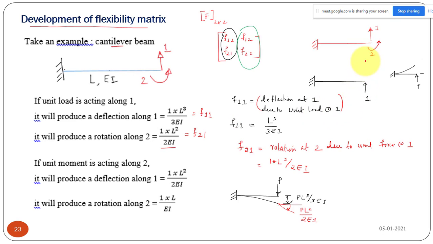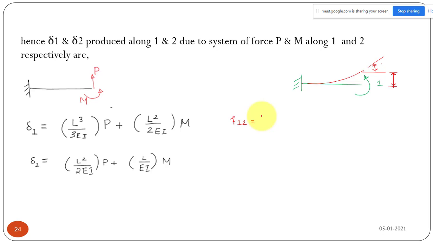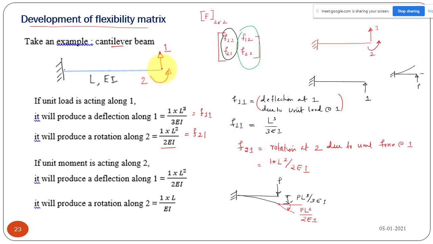Displacement at 1 corresponds to the deflection, so it is the deflection at 1 due to the unit moment at 2. You have to follow whatever degree of freedom is given. Here we have given 1 and 2, so we follow the same. So this will be your F12.